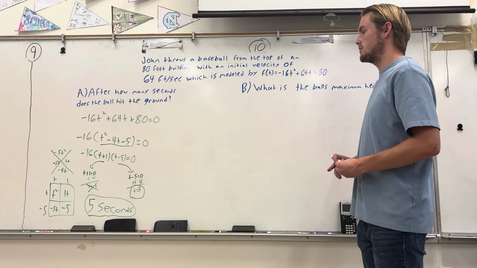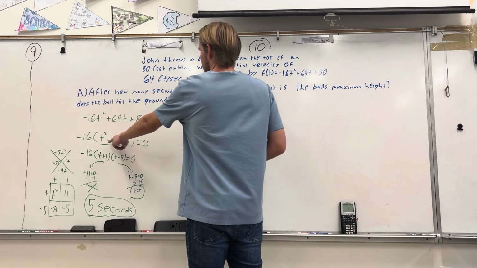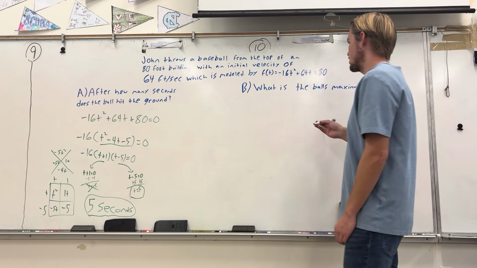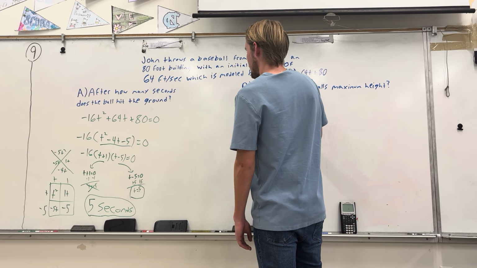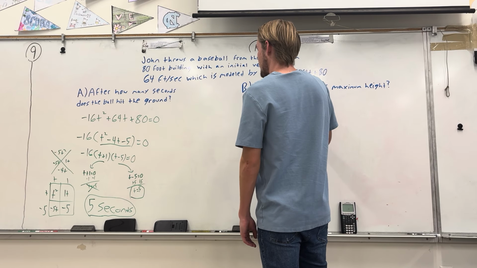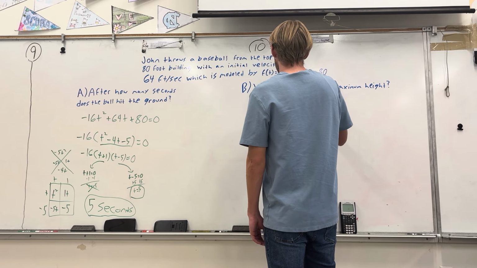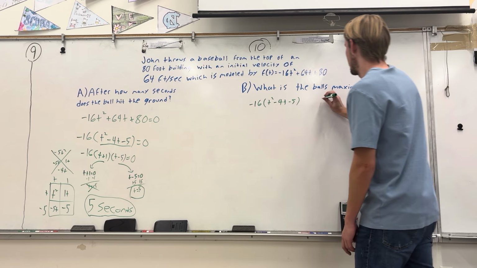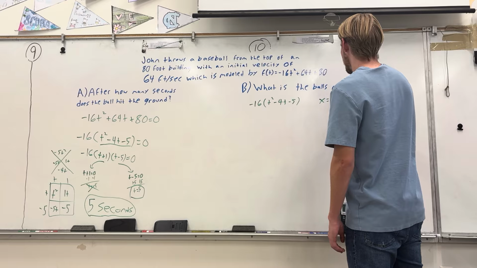So I say to figure out our axis of symmetry and our vertex, we use this one where we already factored out the negative 16. But you can do either way. So we're using the equation negative 16 times t squared minus 4t minus 5. And so to find the axis of symmetry, we're using the equation x equals negative b over 2a.